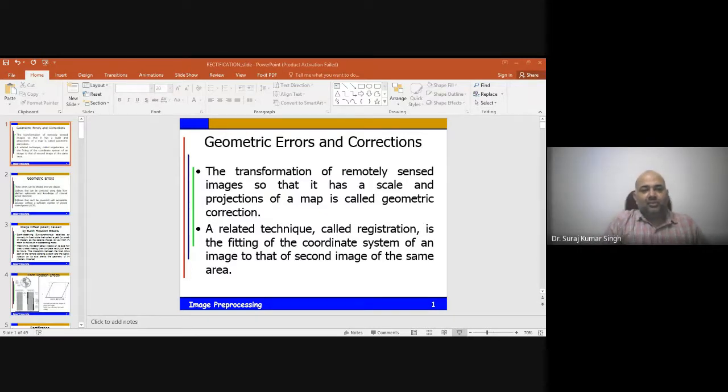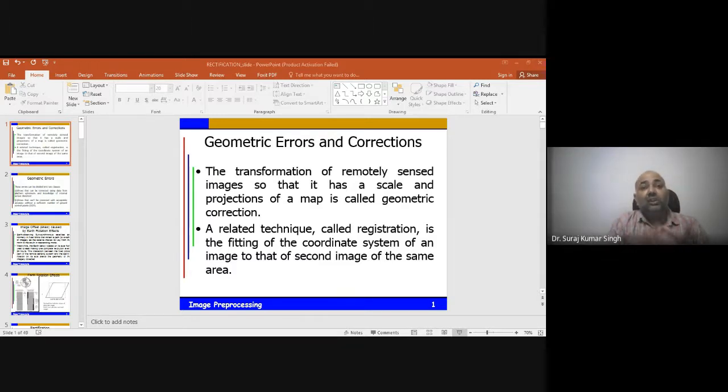Myself, Dr. Surat Singh, will be presenting various topics that are very important to be studied in digital image processing, because unless you create the data, rectify the data, process it and classify it, the amount of error induced in your satellite image will be carried forward in your output image.